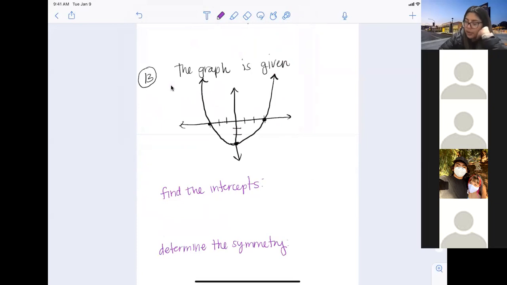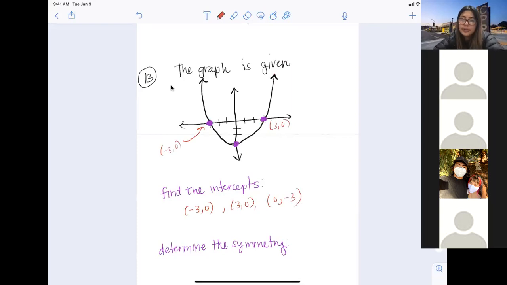So the intercepts are this one, and this one. You have three different intercepts. The first intercept is (-3, 0), this one. The other one is (3, 0). And the last one is (0, -3).